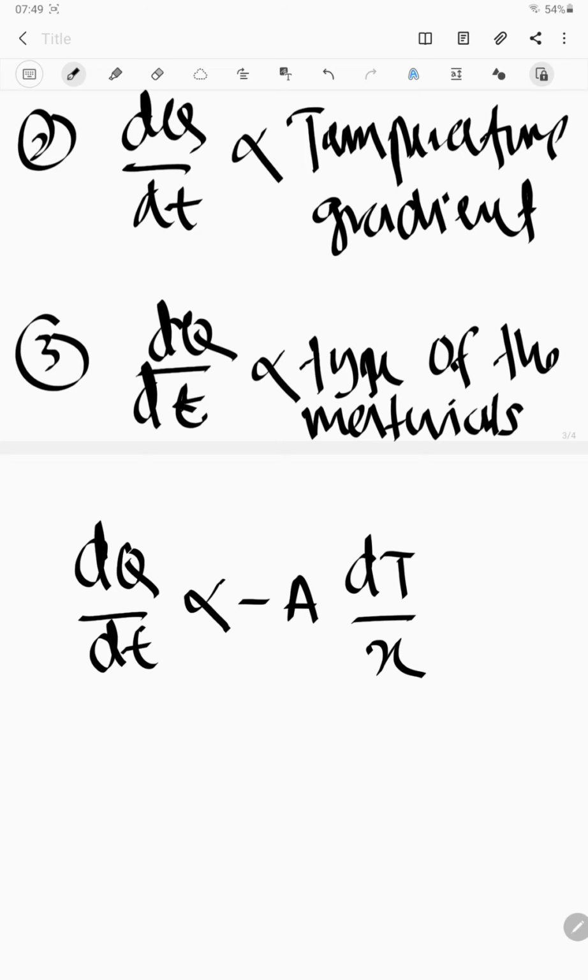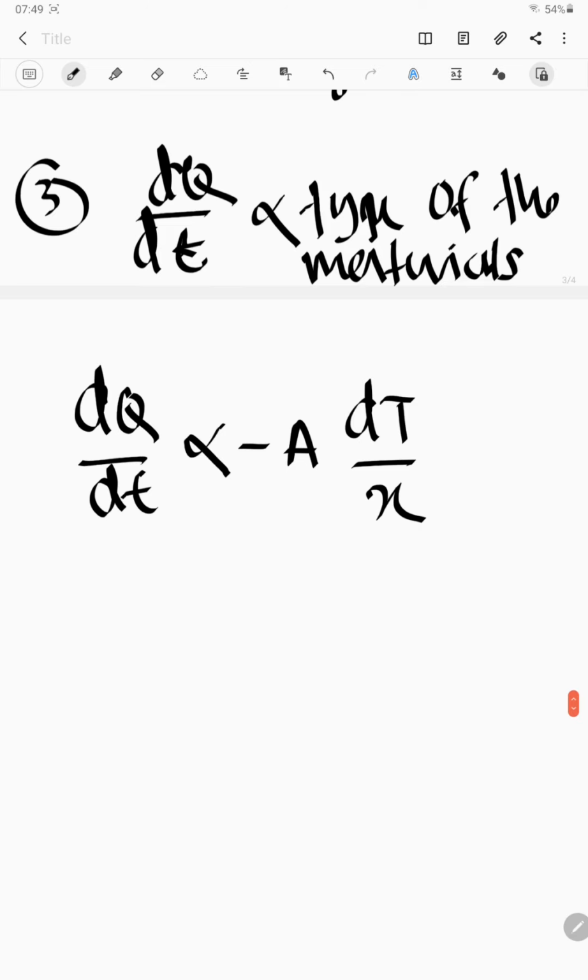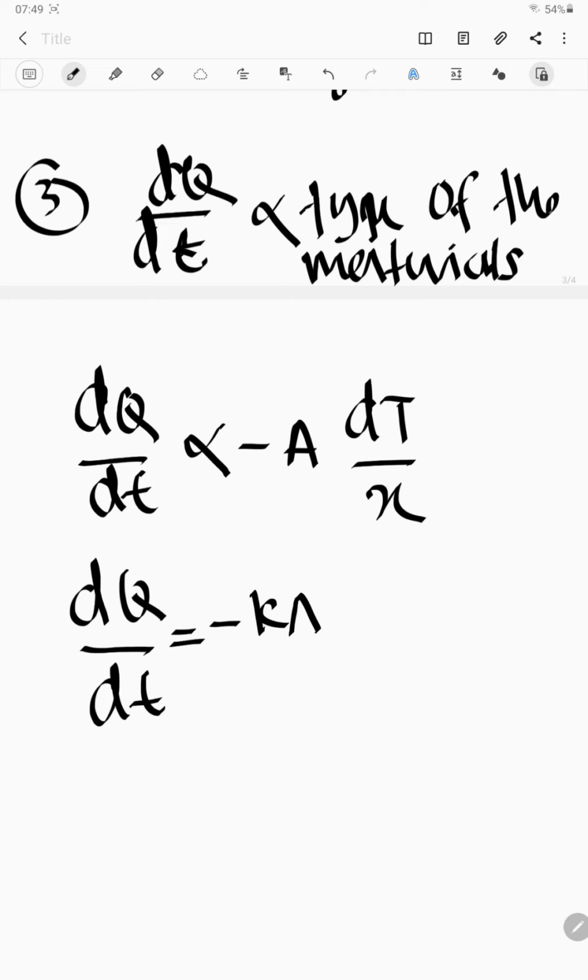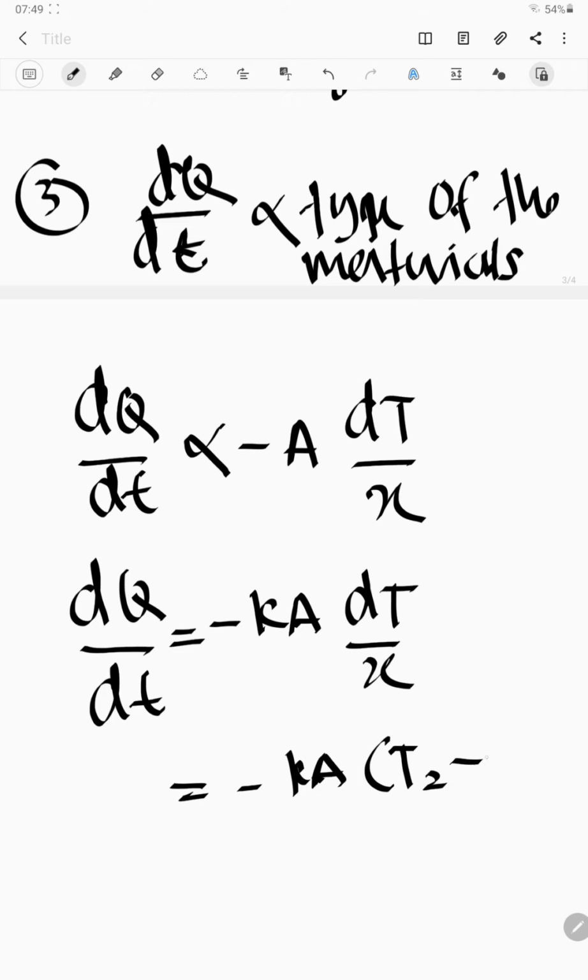Okay, and then mathematically we can write dQ over dt equal to minus kA dT over x, which is dT equal to T2 minus T1.